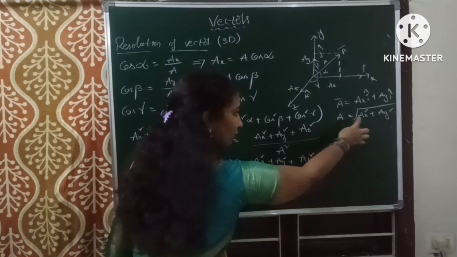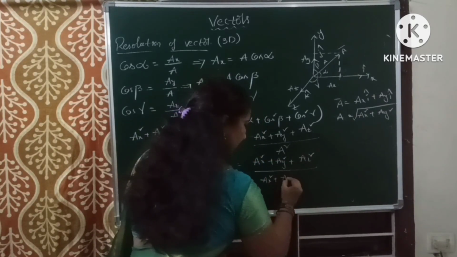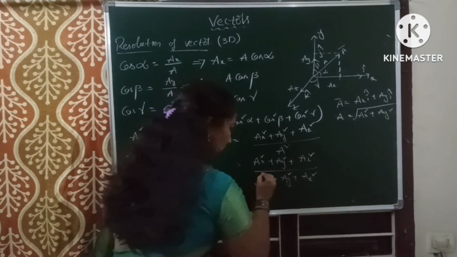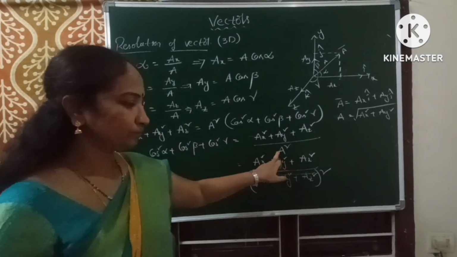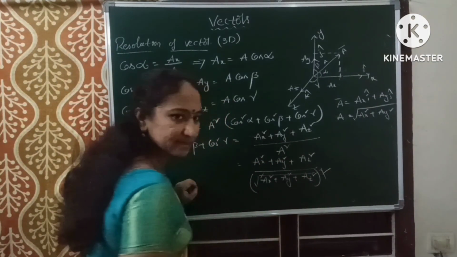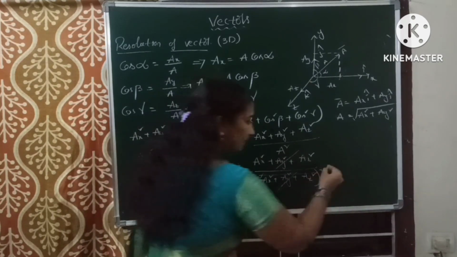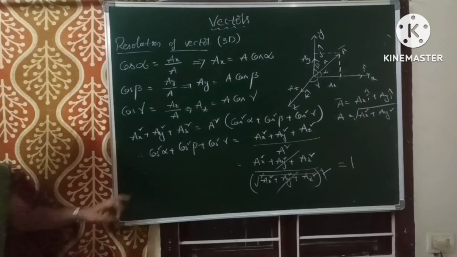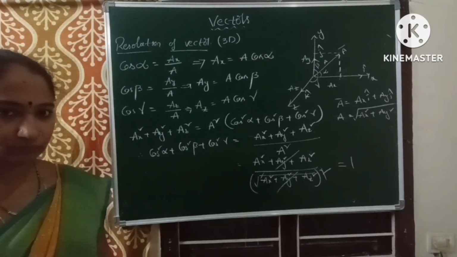Whole by a value is nothing but this, along with ax square plus ay square, since it is 3D, who got added? az square got added, along with root, whole square. A has a square. Any cancellation here? Yes, of course. Square and root will get cancelled. Finally, all the terms in the numerator and the denominator will get cancelled, which is equal to 1. What you will get? Cos square alpha plus cos square beta plus cos square gamma is equal to 1.